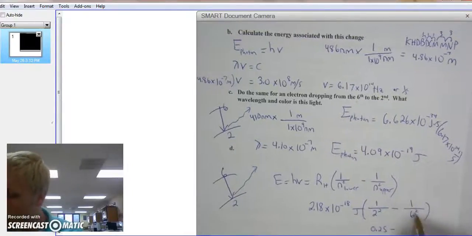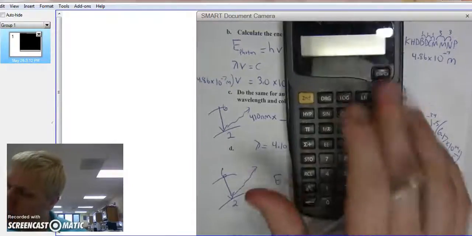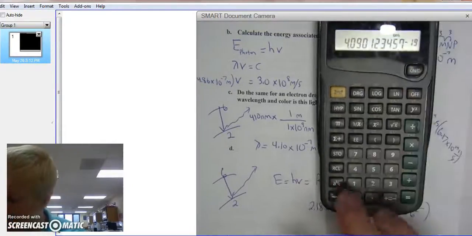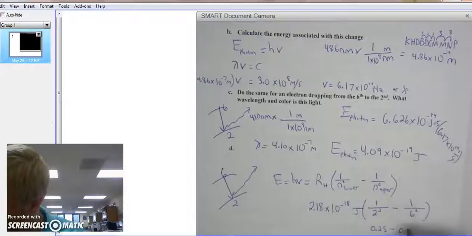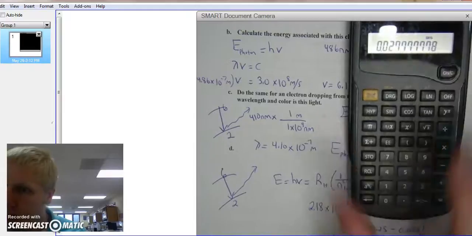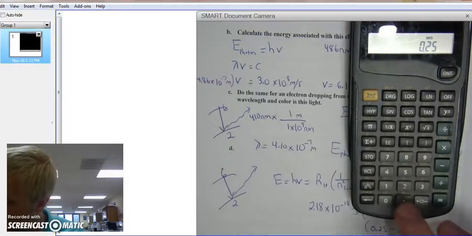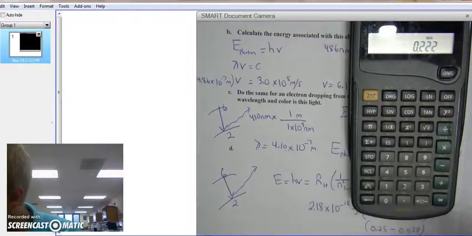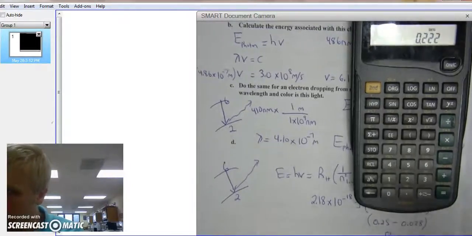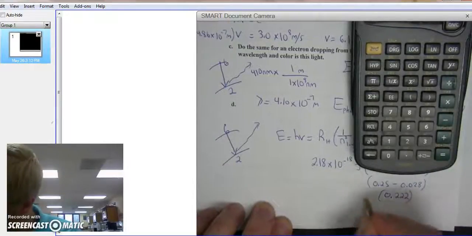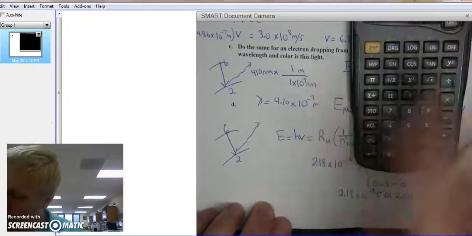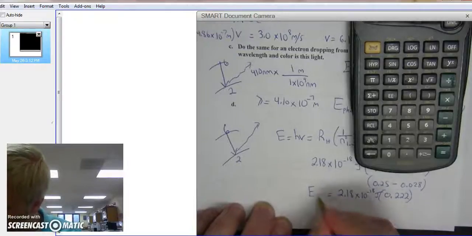And then 1 over 6 squared: 6 squared is 36, so 1 over 36 is 0.028, we'll round it to. 0.25 minus 0.028 gives us 0.222, times our 2.18 times 10 to the negative 18th joules, and that's going to give us our energy.